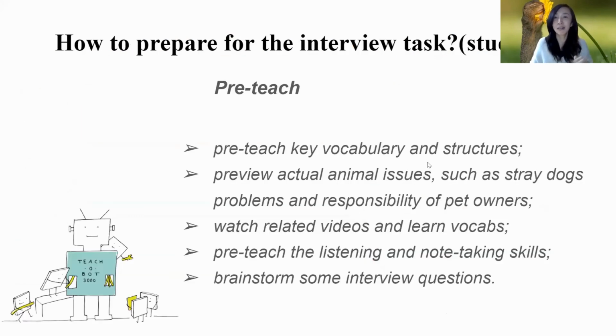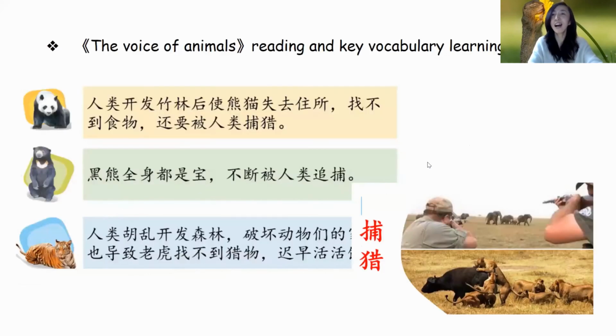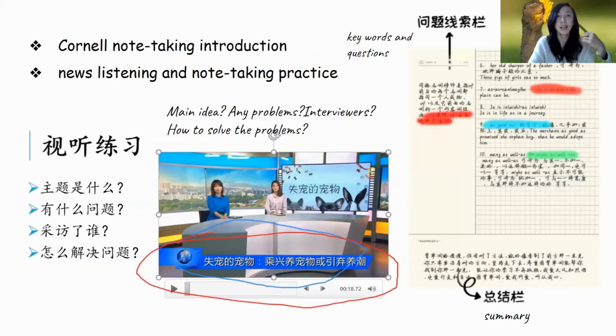And then they had lots of good feedback for this. And because they are going to interview somebody, I also pre-taught them some interview skills, like raising good questions, and I also pre-taught them Cornell note-taking skills.